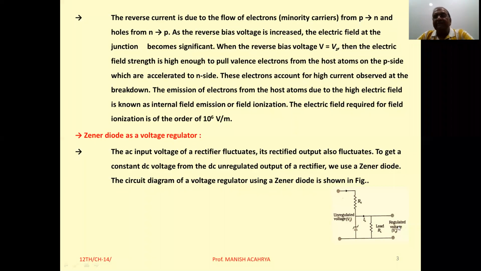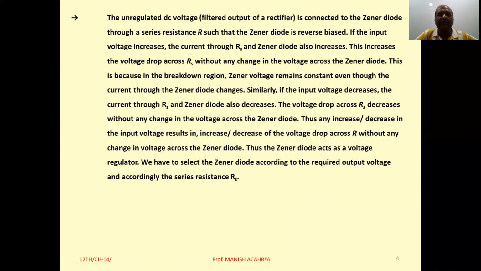So we can say output voltage is the constant voltage, equal to the Zener breakdown voltage. And now we can say the output voltage is regulated, constant. So in this way, a Zener diode can be used as a voltage regulator. Clear?